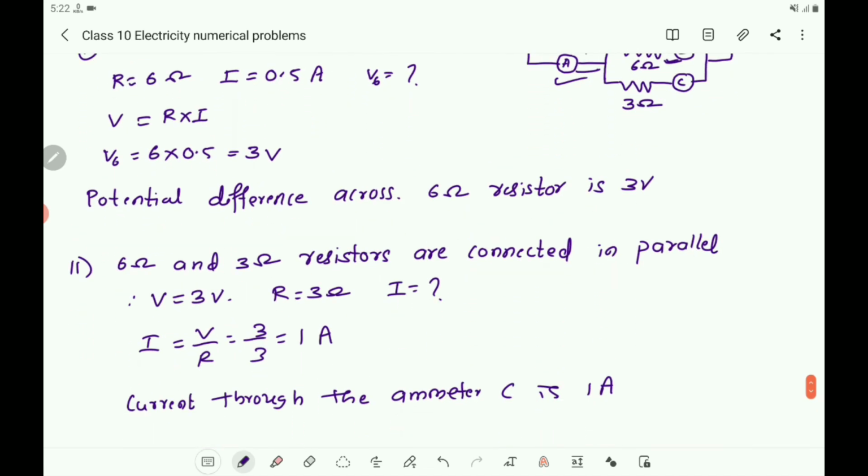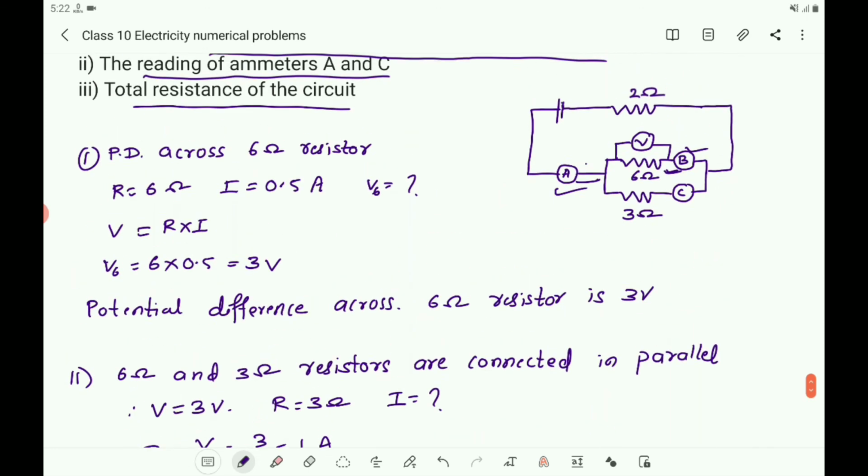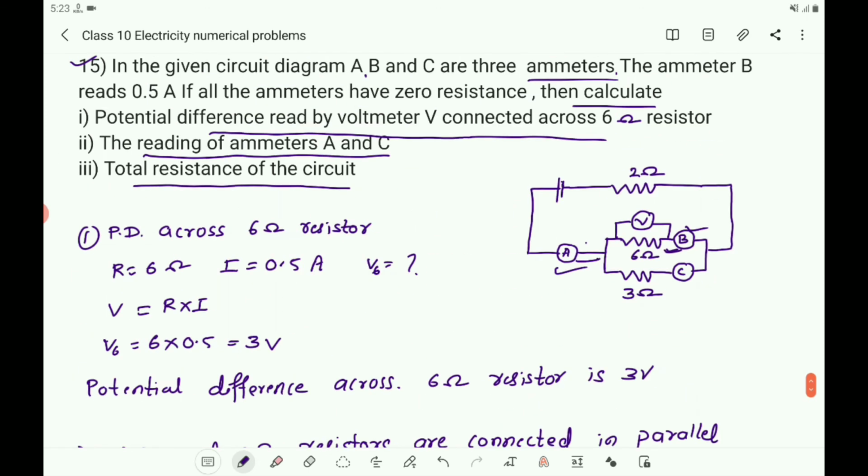Next, here we have to find the current through the ammeter A. Current through the ammeter A, and here you know that this parallel combination is in connection with A with series connection. So here you can take that IA is equal to IB plus IC.